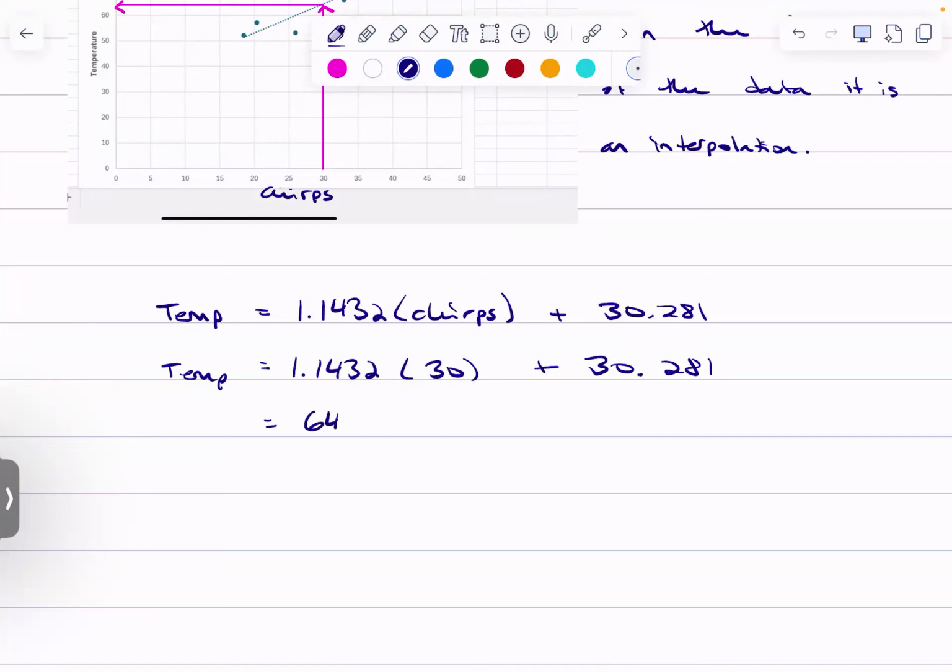I get 64.577. Careful: you want to multiply these two together first and then add the 30.281. So then the predicted temperature would be 64.577 degrees Fahrenheit.